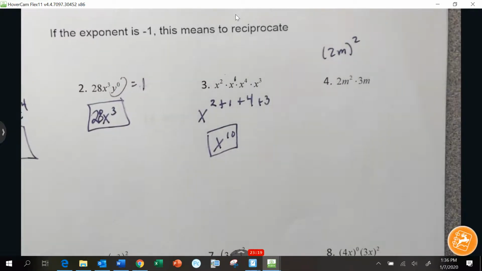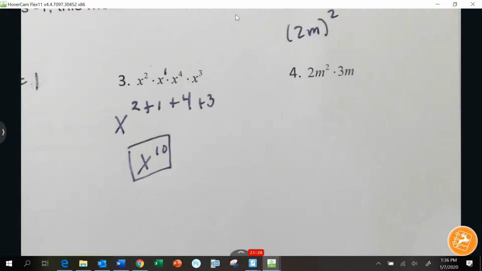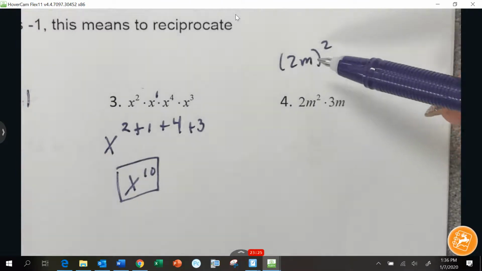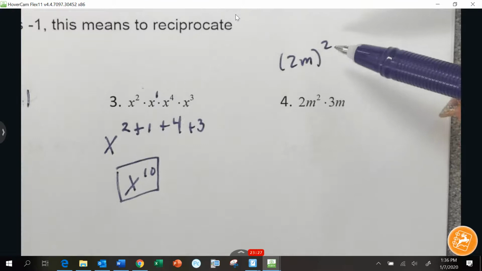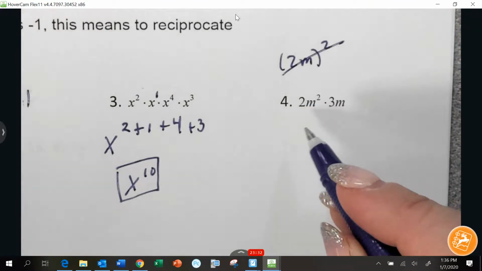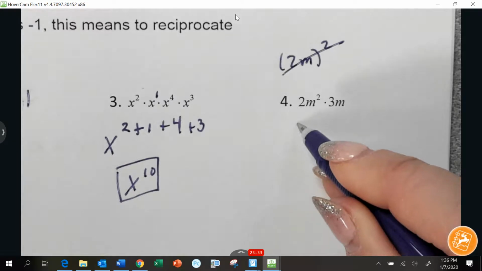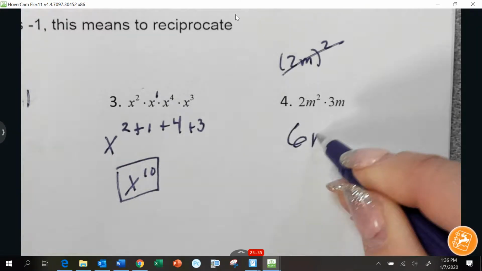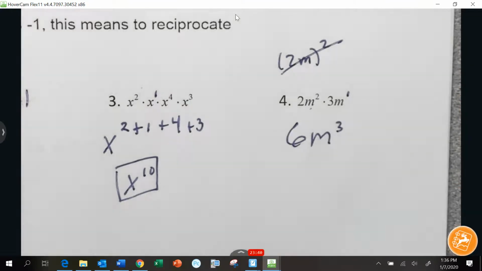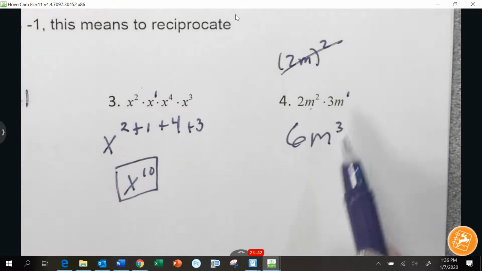If there's parentheses, yeah, you'd square both of them, but there's not. So I'm only squaring the M. What was your question? Go ahead. Yes. So we will add the exponents of our like bases, and we'll multiply the coefficients together.